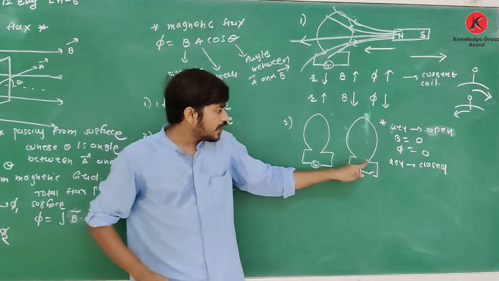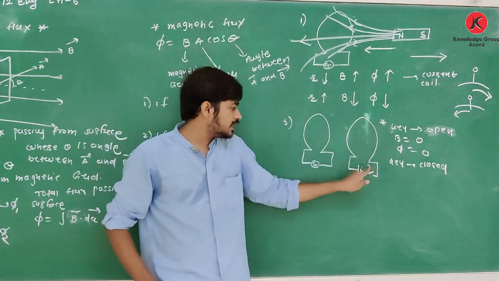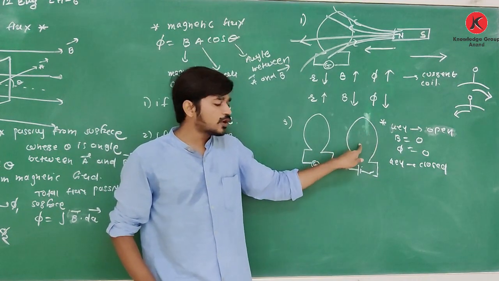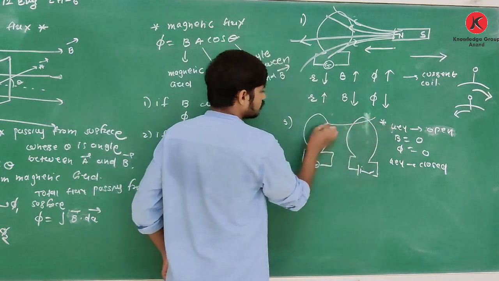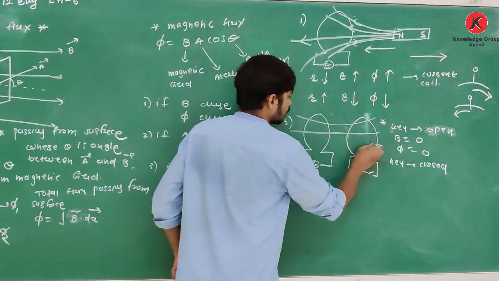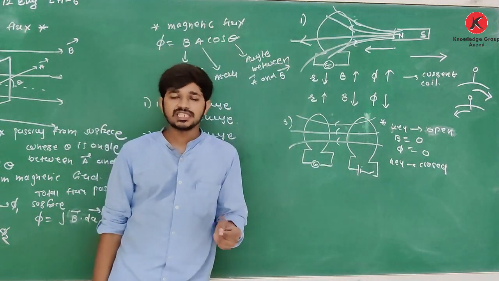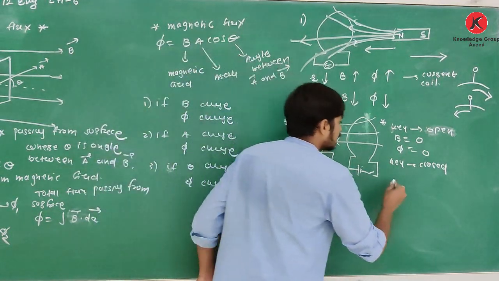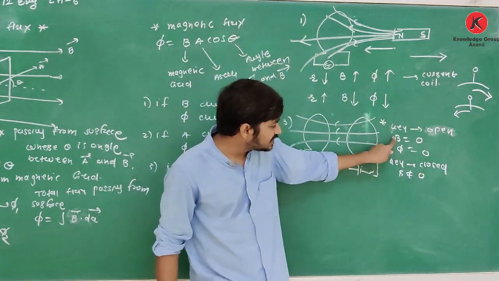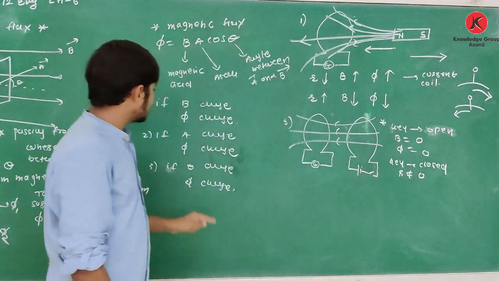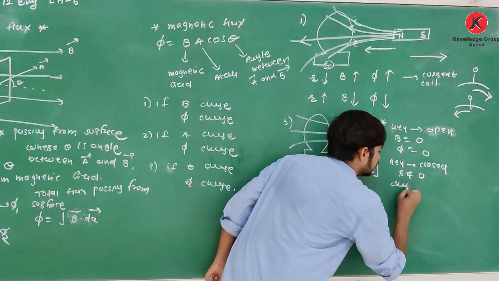Similarly, when the key is closed, current is passing through this coil. This coil behaves as a magnet, and the magnetic field produced due to this coil links with the second coil. So now when the key is closed, the magnetic field is not 0. So there is a change in magnetic field, and if there is a change in magnetic field, flux also changes. So there is a change in flux.